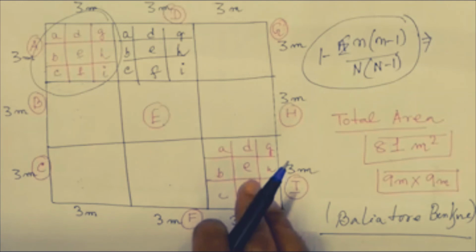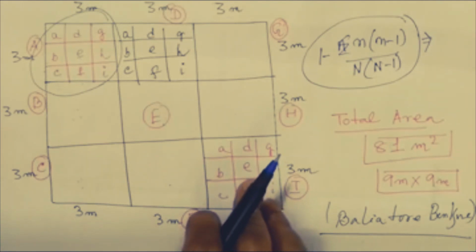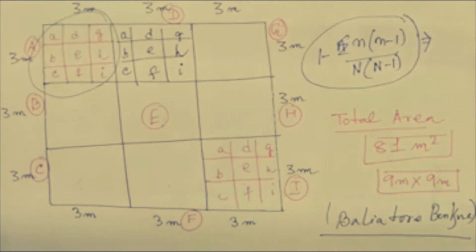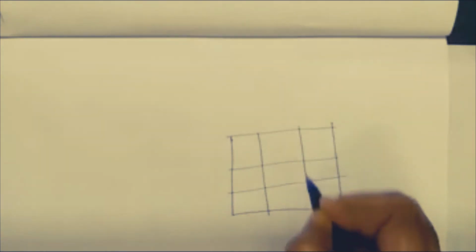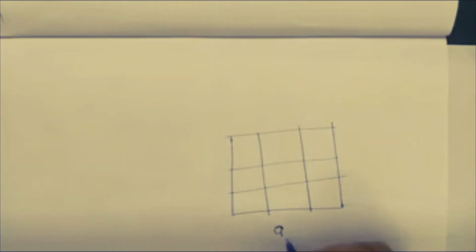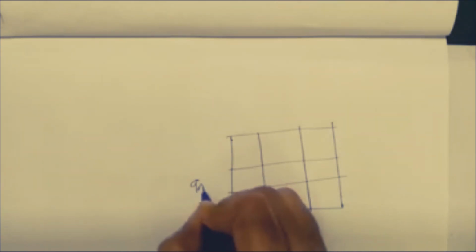Okay, and after getting the plant diversity index, as a student of geography, we are familiar with this, you have to prepare a map. This may be according to scale. This is 9 meters and this is 9 meters.